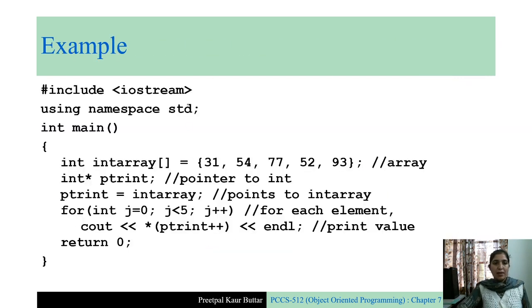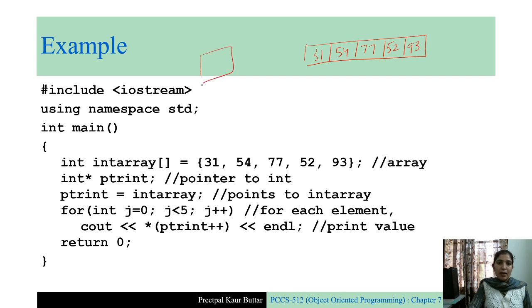So here is the solution to the previous problem. Here again we are creating the array of 5 elements: 31, 54, 77, 52 and 93, and this int array is the name of this array. In other words, this is a constant pointer which will hold the base address of this array.